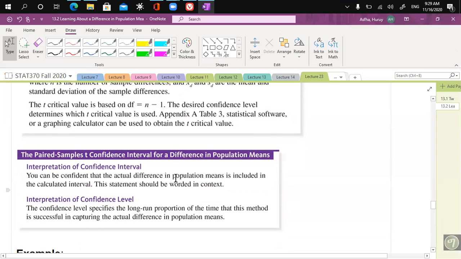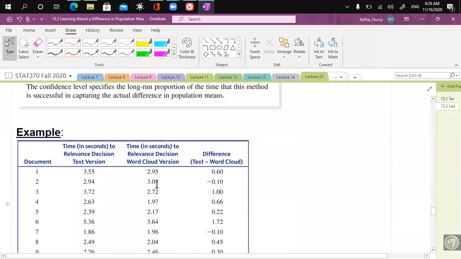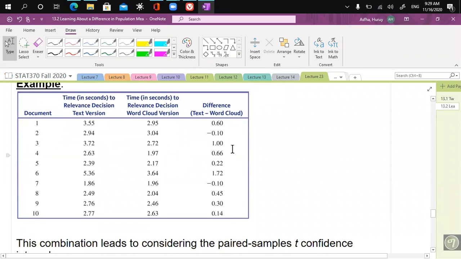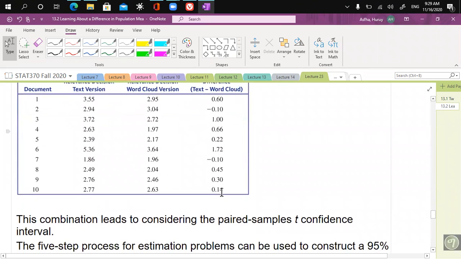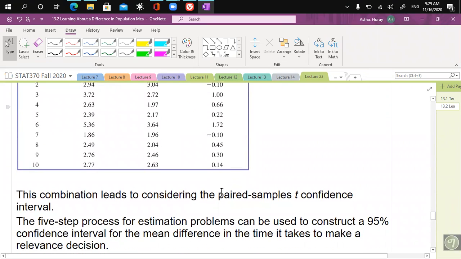And the interpretation is the same with what we've been learning so far. Now, if we look at the same example, here we have the difference column. And of course, we have already checked the conditions, so we will skip that step.